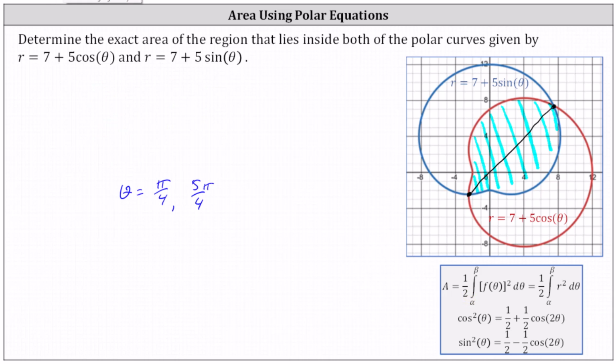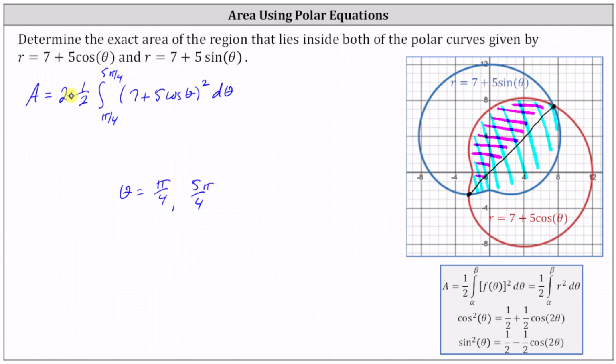So we'll begin with the area equals 1/2 times the integral from pi divided by 4 to 5 pi divided by 4 of the square of the red polar curve given by 7 plus 5 cosine theta d theta. This integral would give us this area, but again, we're looking for the total bounded area, which is twice this, and therefore we now multiply this by 2.